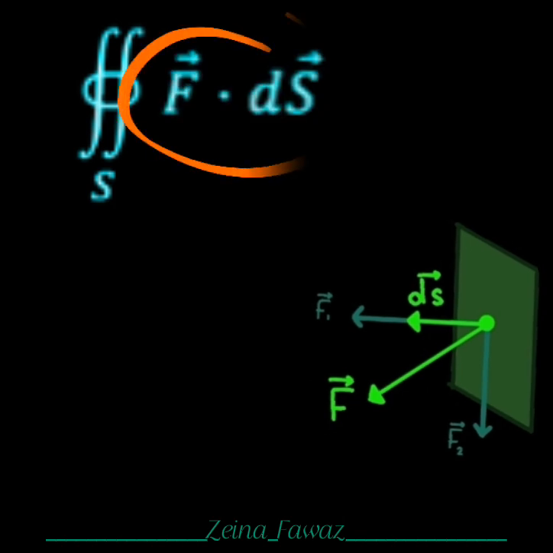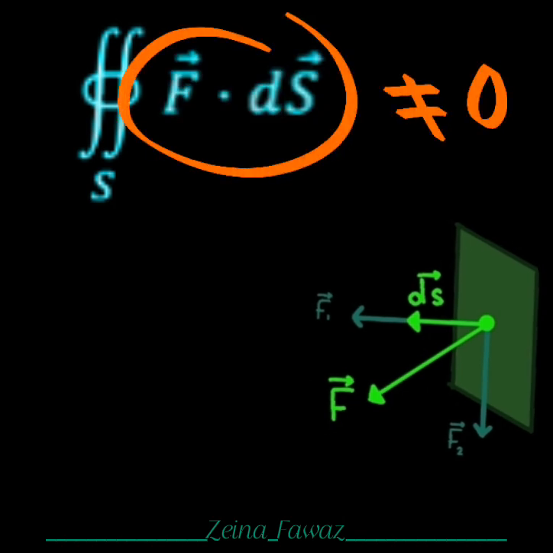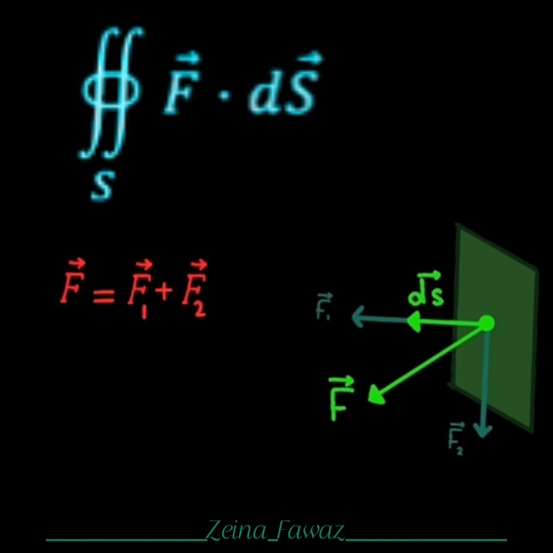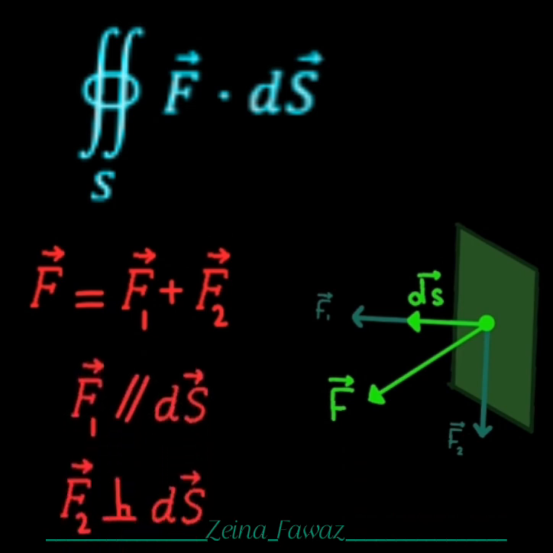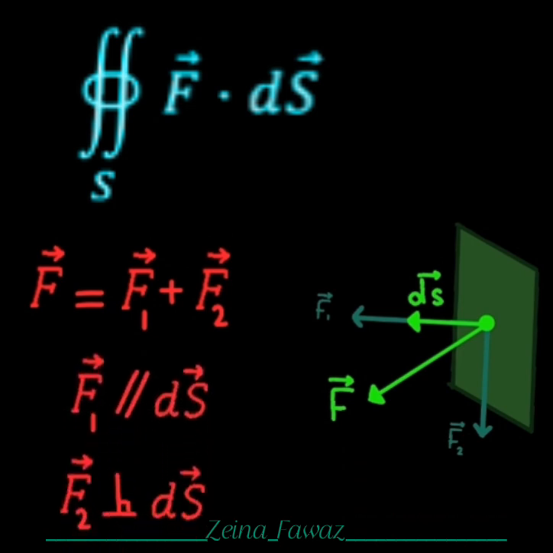This scalar product can never be equal to 0, where the vector field F can be represented by the vector F1 and the vector F2, where vector F1 is a parallel vector for the vector dS, and F2 is an outward normal vector for the vector dS.